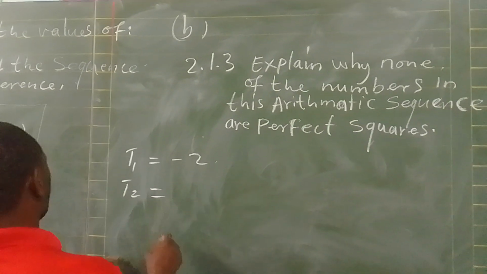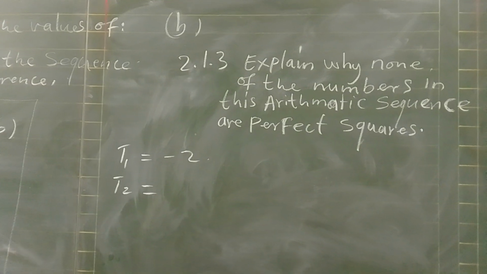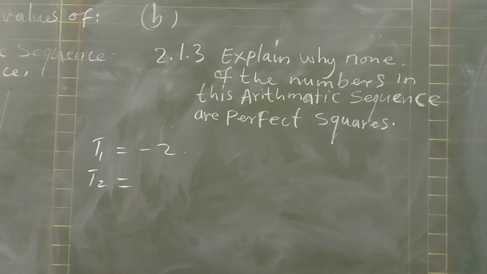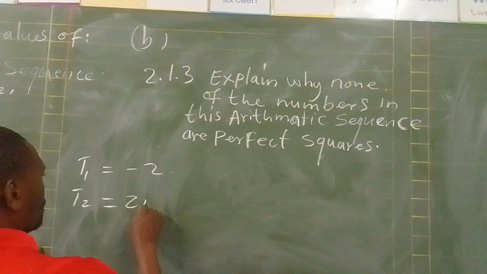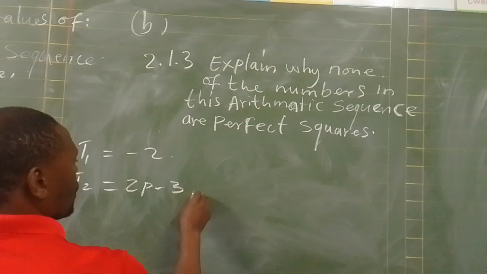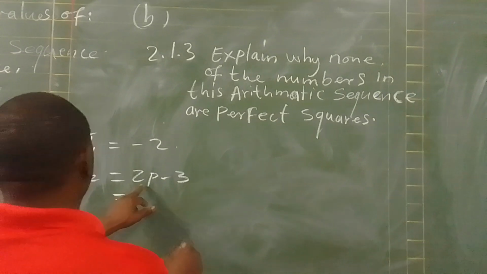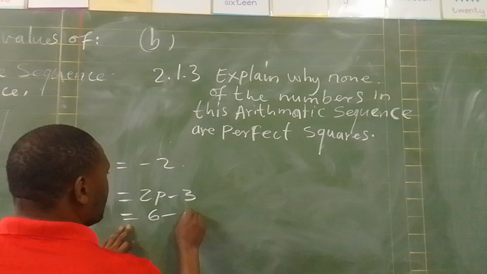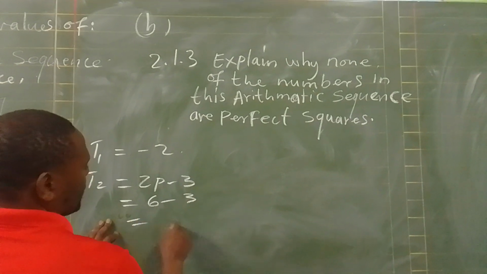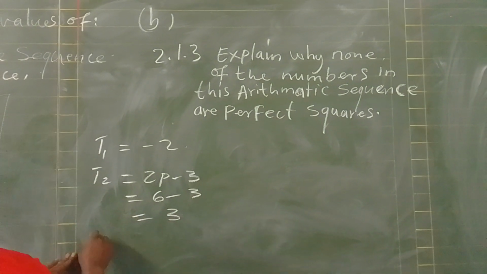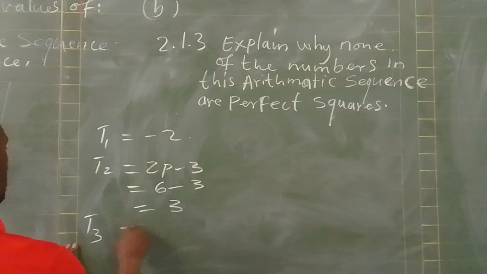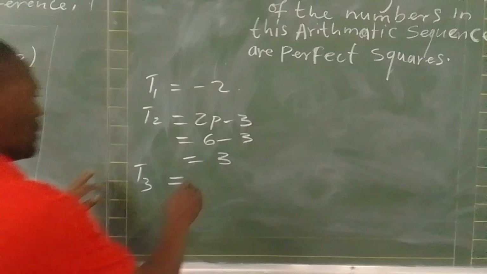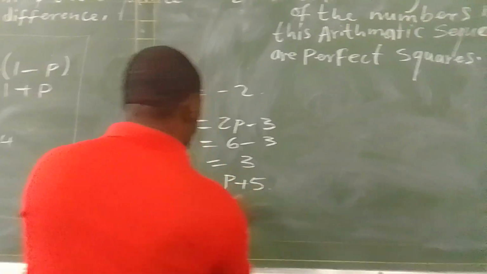T2 will be 2P minus 3, which, P was 3, is 6 minus 3, which is 3. T3 is P plus 5.